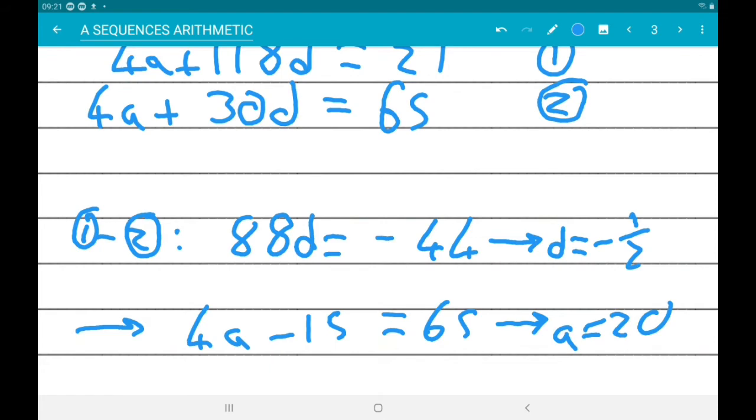Alright, so now we know a and d. We can now find the sum to 41.